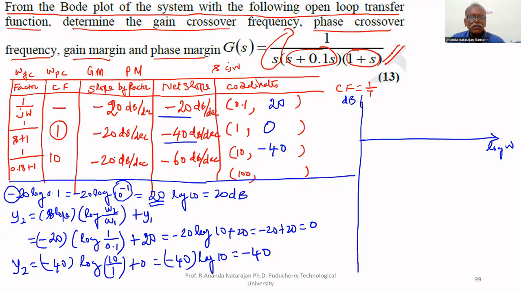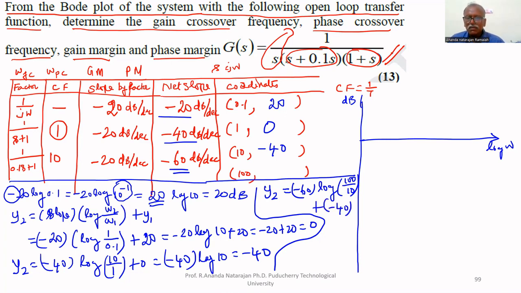From 10 onwards, the slope is minus 60. Therefore, now we have to find the coordinate for 100. That is y2 equal to, with the same formula, minus 60 log of omega 2 by omega 1, that is 100 divided by 10, plus minus 40.